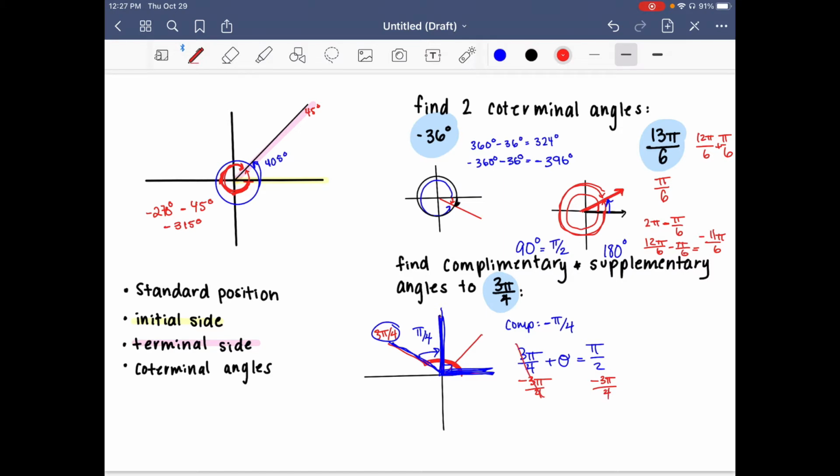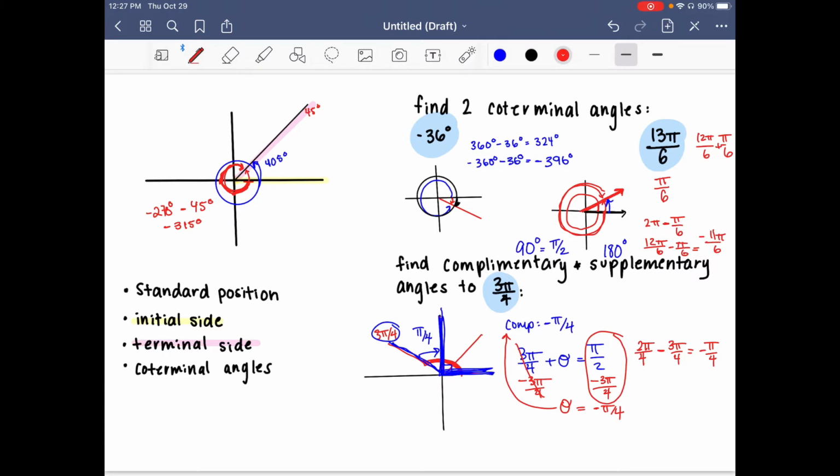So that's going to cancel out over here. And on this side, I want to make sure that I have the same denominator. So I can convert pi over 2 into 2 pi over 4, subtract 3 pi over 4, and I will get negative pi over 4 on this side. So my final answer is that the angle that's complementary to 3 pi over 4 is going to be negative pi over 4. So it's just another way of getting the same answer up here.